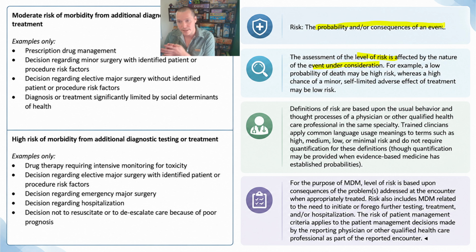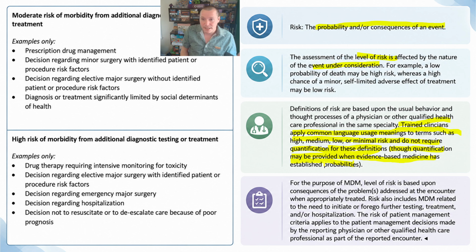That's what risk is. It's the risk of care. We can break down risk into two separate groupings, where trained clinicians can apply common language using terms such as high, medium, low, or minimal risk, and you do not require quantifications for these definitions, though quantifications may be provided when evidence-based medicine has been established.